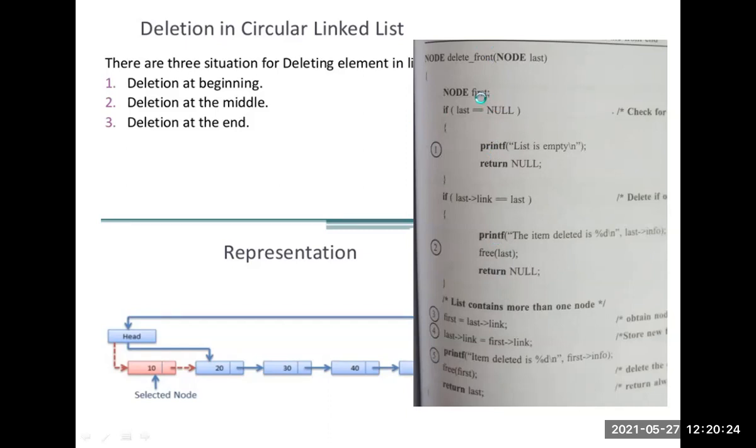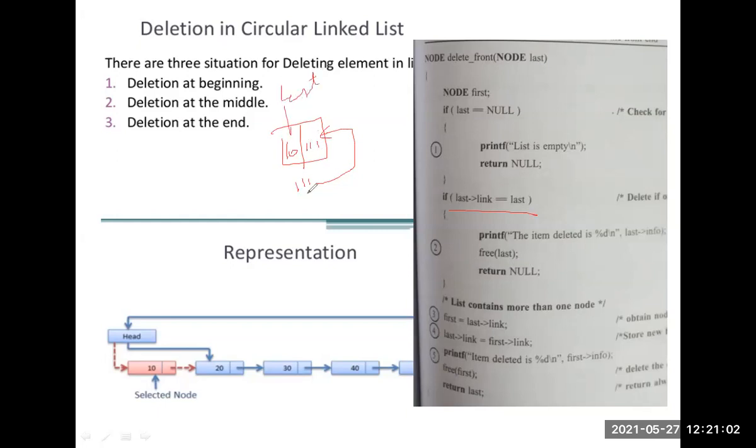If last equal to null, print list is empty. Because in a circular linked list, last link contains the address of the node, so last is the address. If last is null, then the list is empty. If there exists only one node, that is, see here, last of link equal to last. So there is a node here, 10. This node address is 111. This address is stored here, which means this is the last.